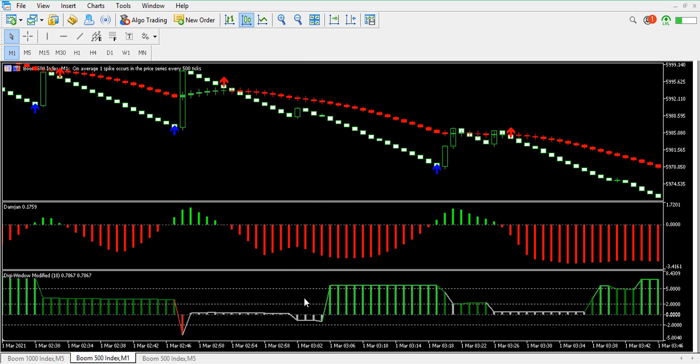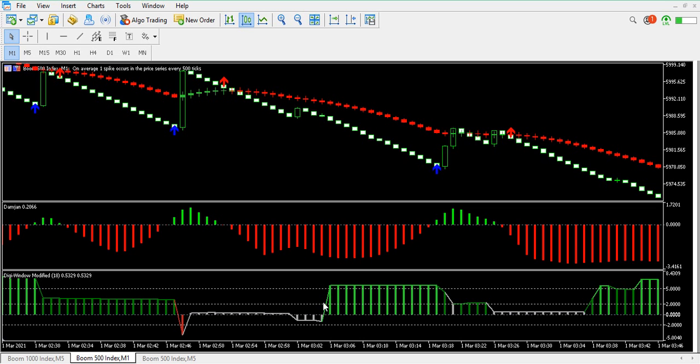How can we use this to dictate the movement of the market? This is quite different from the others I've explained before, because in those the color still matches. Whenever it is a downtrend, you see a red arrow, you see red candles, and this one is also red. But right here, whenever it's a downtrend, you see green, and the candle is on the other side of the line.